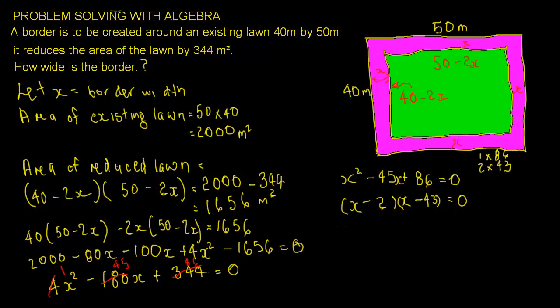Now, the equation equals 0. So here we've got two factors multiplied together, and the equation will be 0 if either one of those factors is 0.